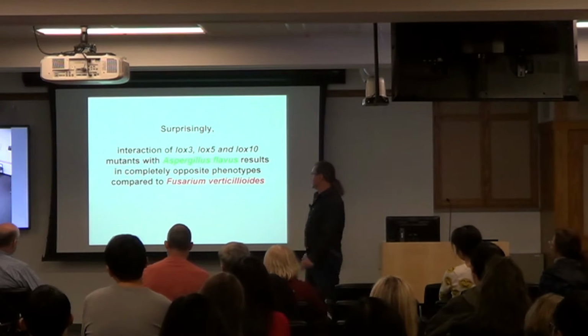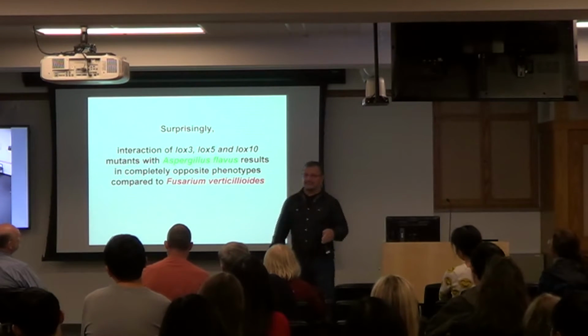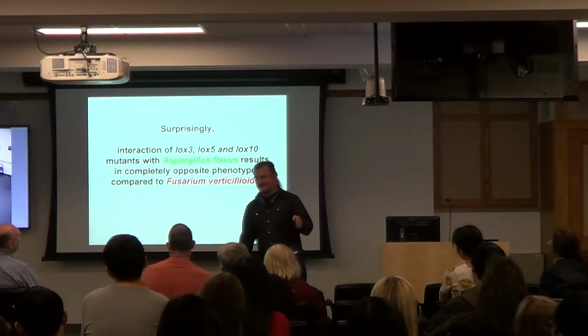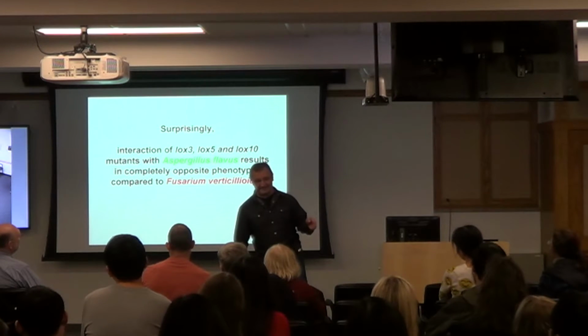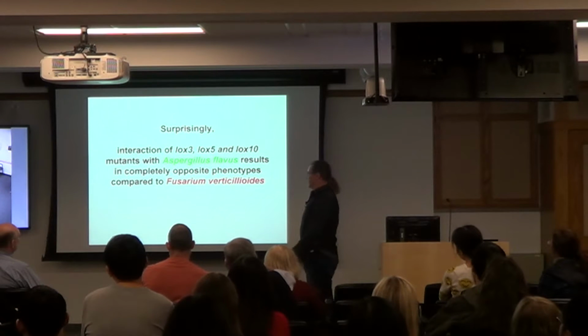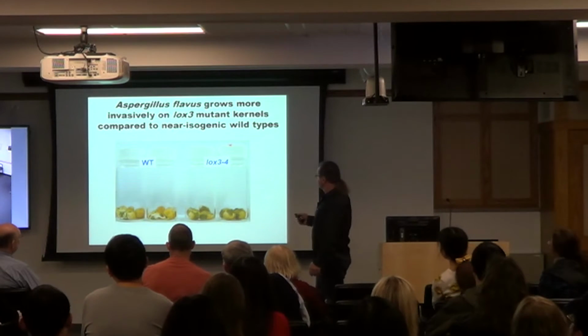So they're extremely susceptible. What was really surprising was when we started testing for resistance against Aspergillus flavus and aflatoxin, because that's what Texas farmers care about. They don't care about Fusarium verticillioides. Our problem is aflatoxin. And that's when I lost funding.